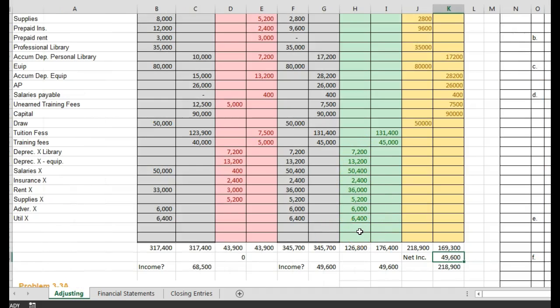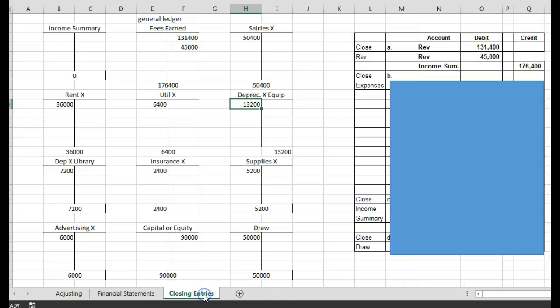When I say you empty out or you make the balances zero, this would be the amount that would make the account zero. So you just kind of reverse those. But now, this is what you have. You have fees earned that has a credit balance, and you have salaries that have a debit balance.